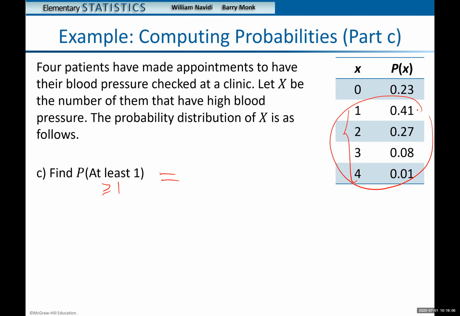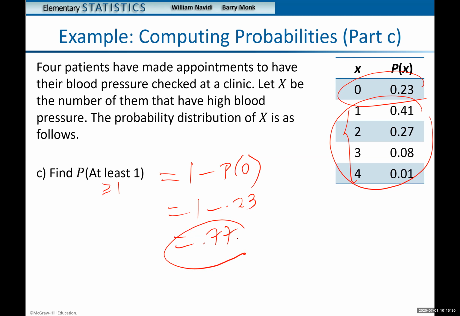You can add all this, or you learned yesterday that the probability of at least 1 is 1 minus the probability of 0. Remember this? We have the probability of 0 here, which is 0.23. 1 minus 0.23 is 0.77.